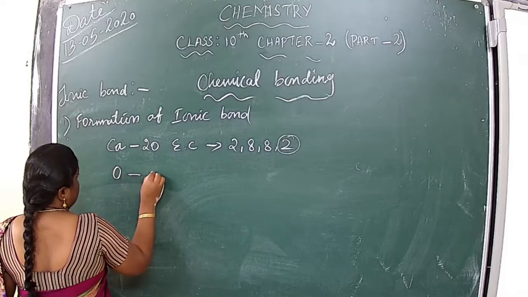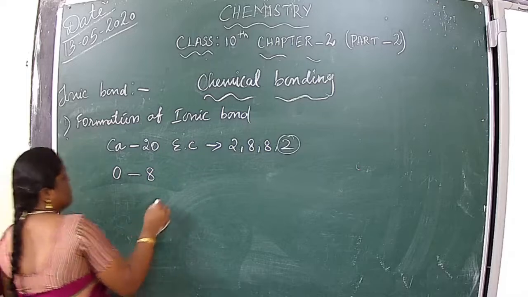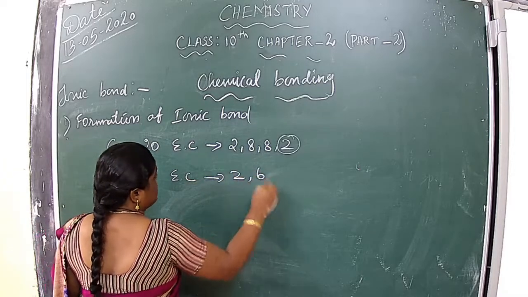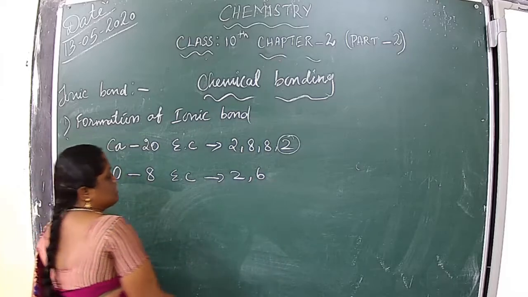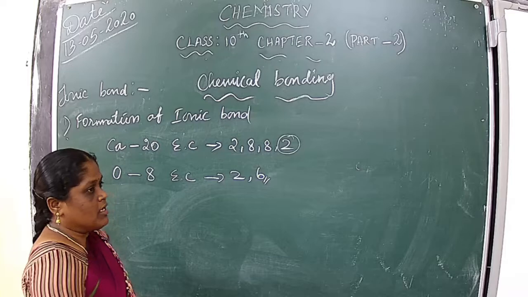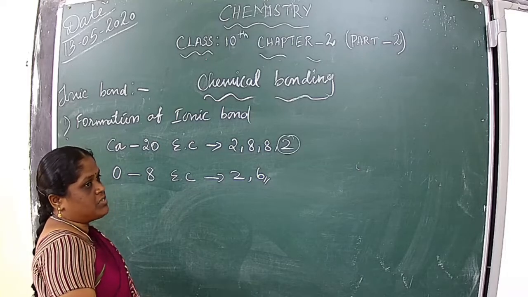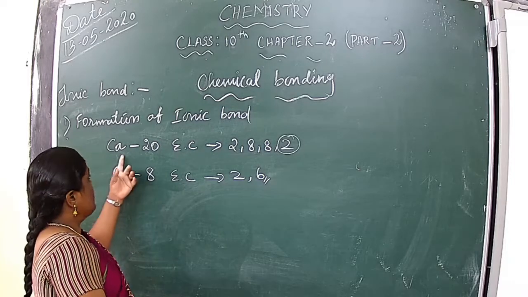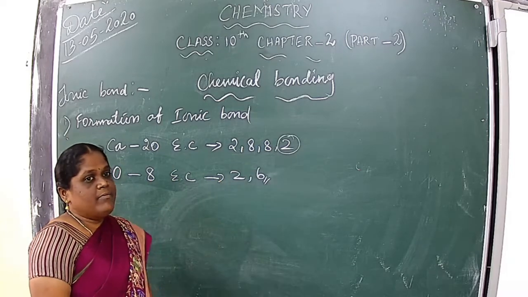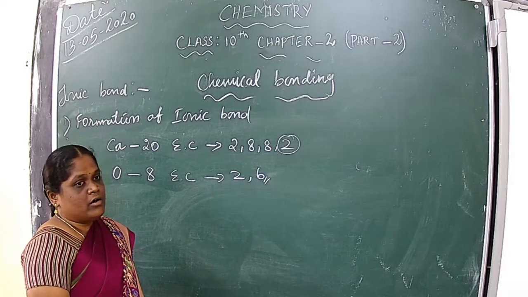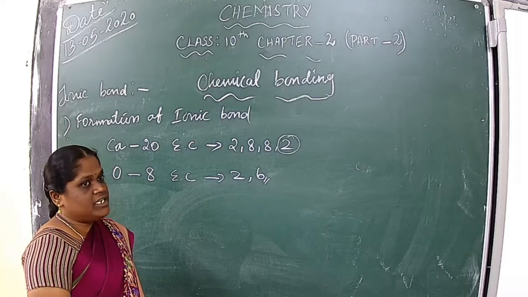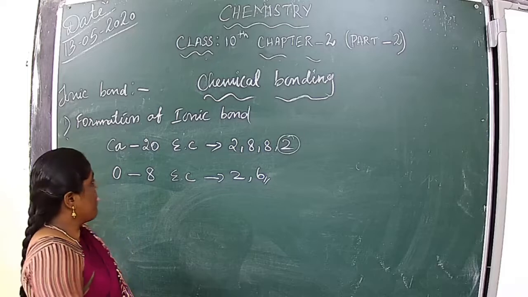Oxygen has atomic number 8, electronic configuration 2 and 6. The last shell contains 6 valence electrons. To attain a stable electronic configuration, calcium loses the 2 electrons. The nearest noble gas configuration is argon.